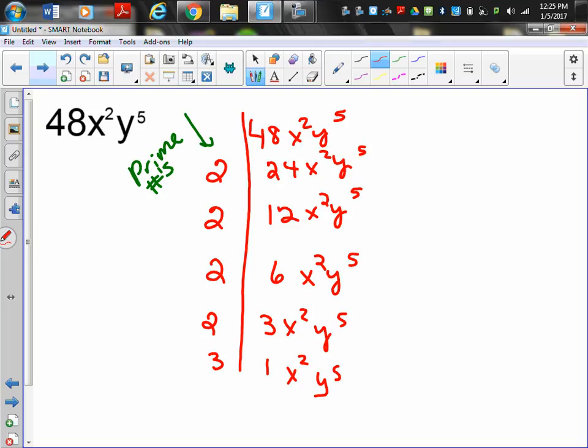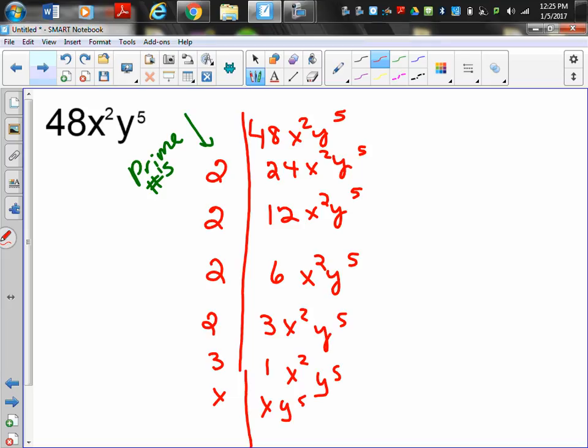So x squared y to the fifth can be divided by x. So that leaves x, y to the fifth. So now what do I divide by?